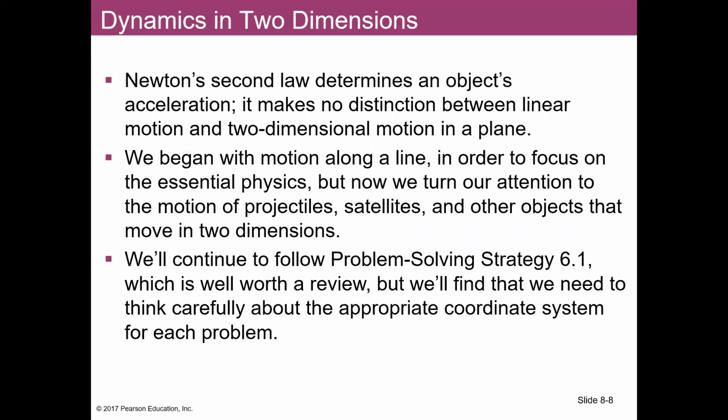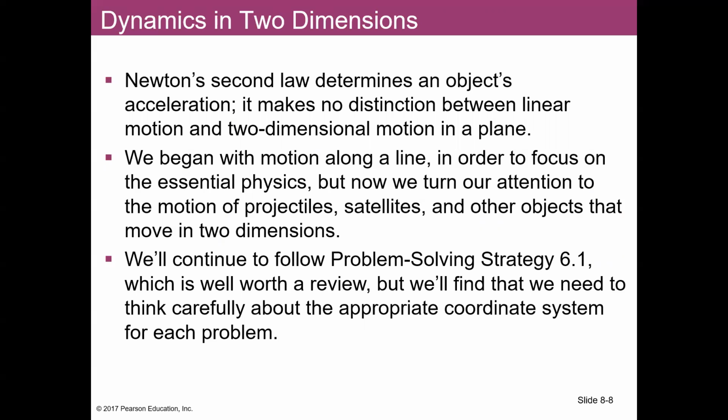Okay, so dynamics in two dimensions. Newton's laws determine an object's acceleration. Right, that's what we started out with. And Chapters 5 and 6 gave the definition of Newton's second law: a non-zero acceleration means that there is a non-zero net force, right?